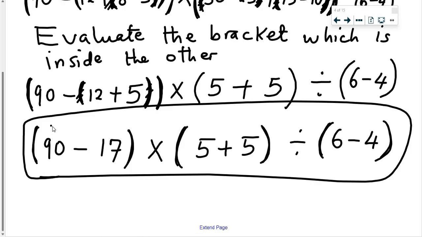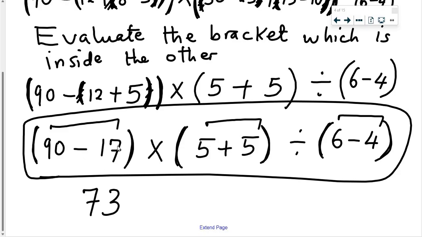So now you can evaluate this bracket, evaluate this bracket, and evaluate this bracket. Okay? So 90 minus 17 will be 73. Then into 5 plus 5 is 10, divide by 6 minus 4 is 2.